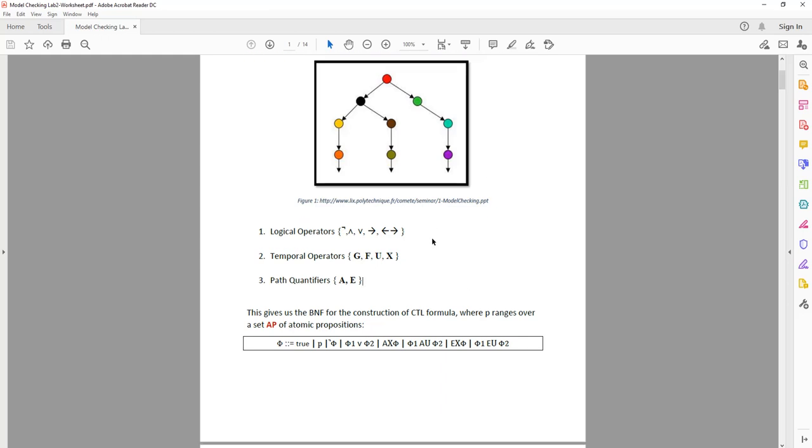So phi equals, again the same as LTL, we can have true, a proposition P, negation of phi, OR. But you'll notice that now we have our A and E path quantifiers: for all paths next phi, for all paths phi 1 until phi 2, exists a path next phi, exists a path phi 1 until phi 2.